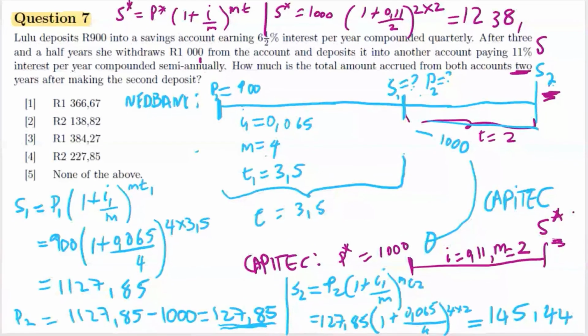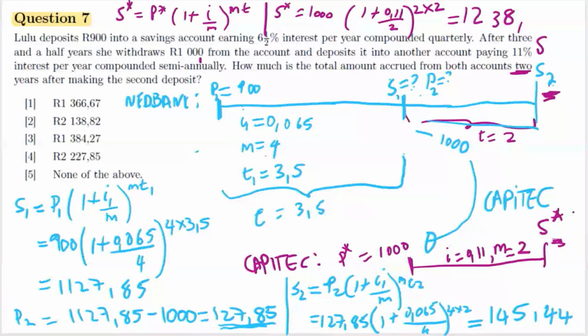No, your final answer, remember, if we go back to the previous question, where we said if you've got one investment and it gets disturbed somewhere, the final amount of the investment is whatever you are ending up with. That is your S2.